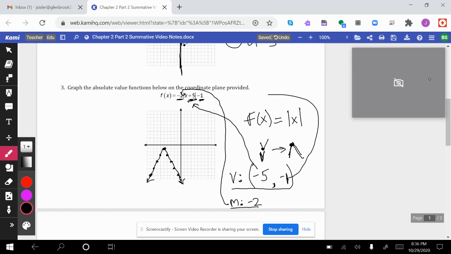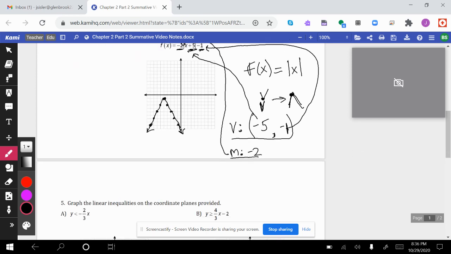And my y value came from that -1. Okay, I know that's a lot of arrows going in several different directions, so if you need to pause and rewind and see how I did that, you're obviously welcome to, okay? And again, the reason that it's an upside down V rather than a right side up V comes from that negative sign in front of our 2, okay?